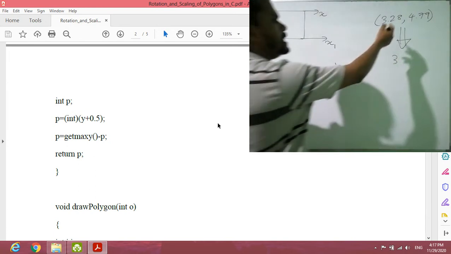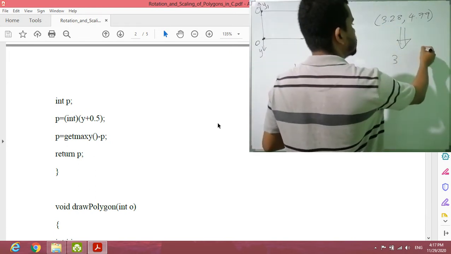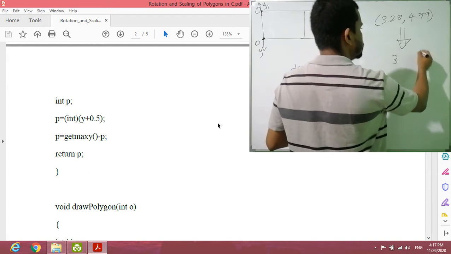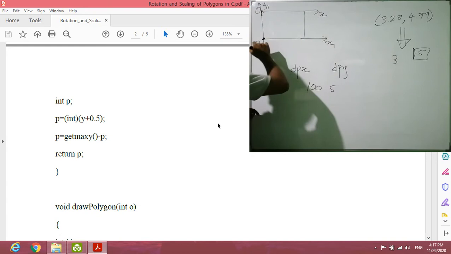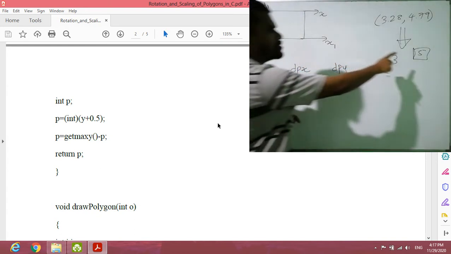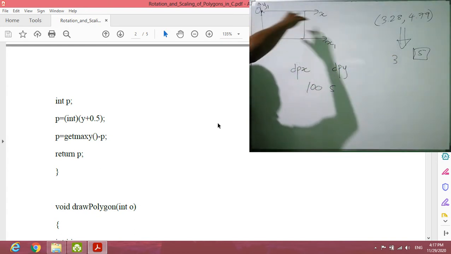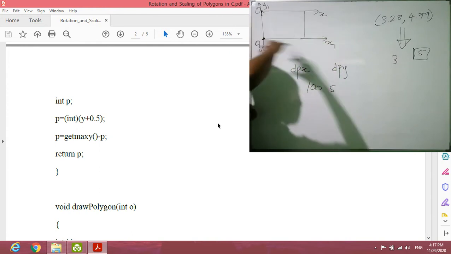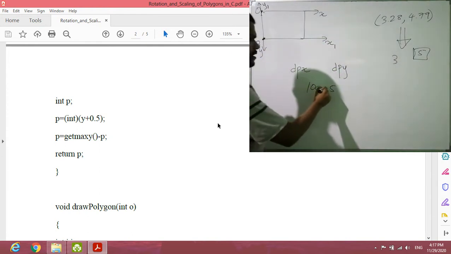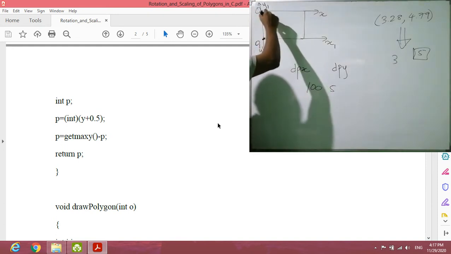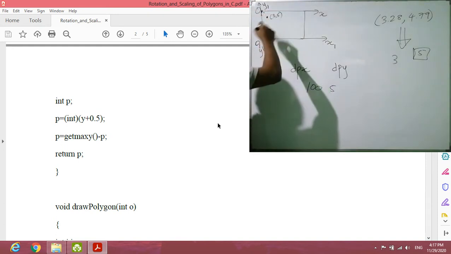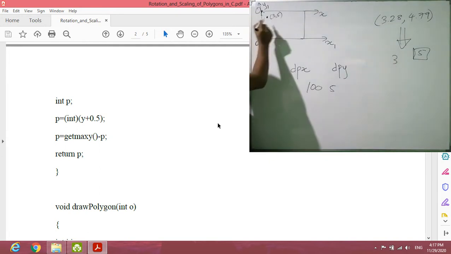Here initially this will become 5 with respect to this origin. Understood? With respect to this origin it is 5. Let's say the maximum index of our rows is 100. In the earlier situation it is 3 comma 5 somewhere here with respect to this origin, but we want to take it with respect to this origin.